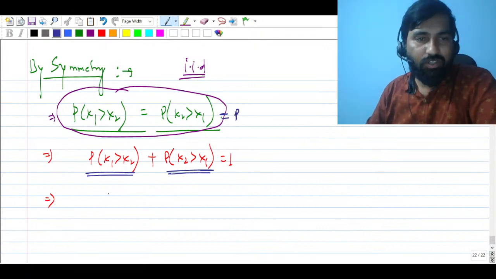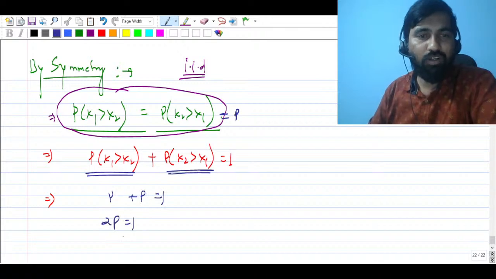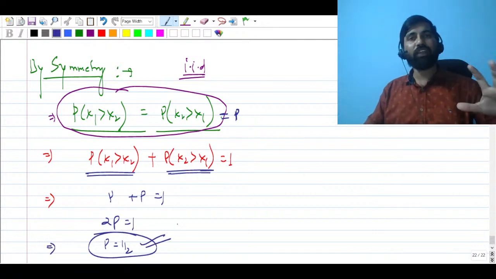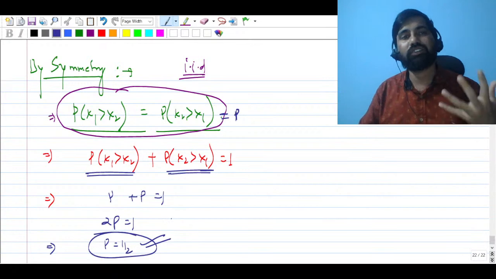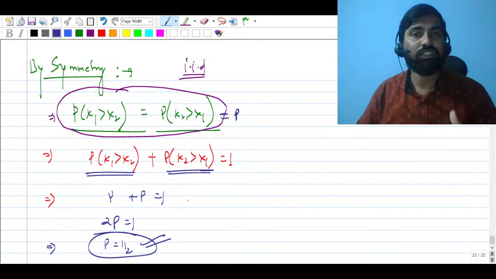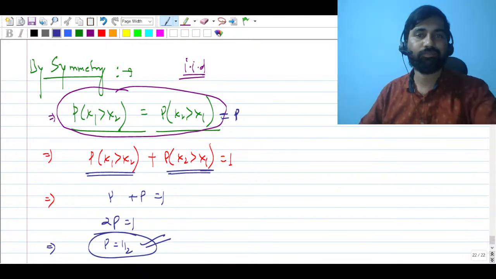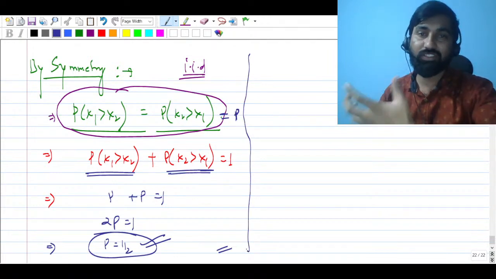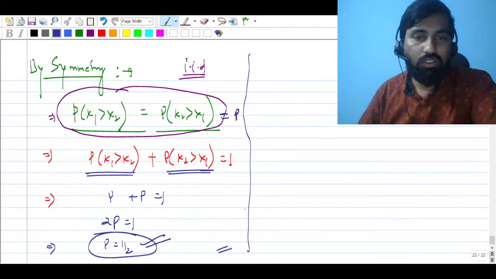So p plus p is equal to 1, 2p is going to be 1, so your answer will be 1 by 2. This is the answer. By employing the symmetry concept, you are able to get the answer very quickly. I hope this concept is understood.